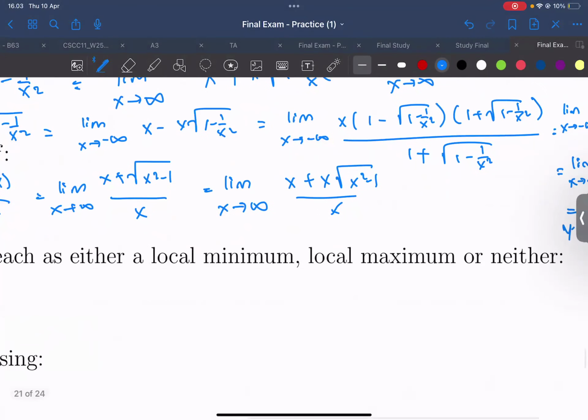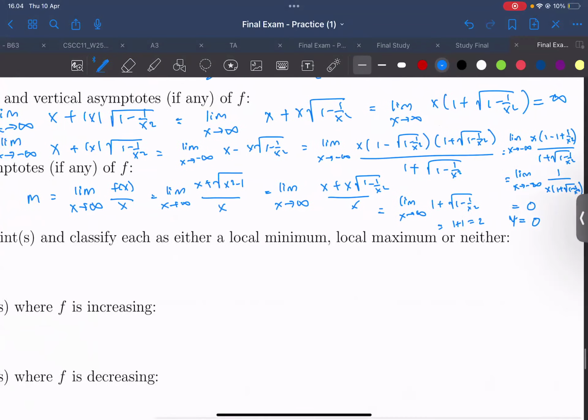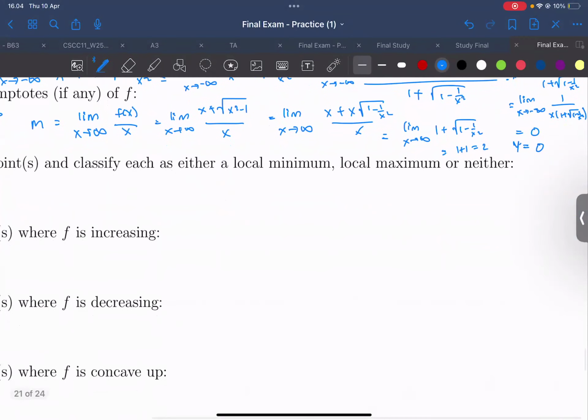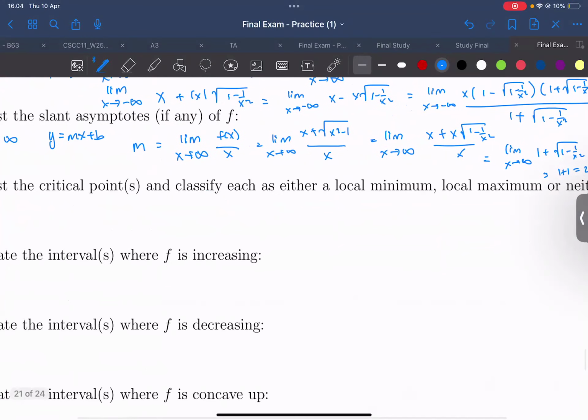And then we can factor this so the x can cancel, so we get the limit of x approaching infinity of 1 plus the square root of 1 minus 1 over x squared. And if you plug in infinity to this, we get 1 plus 1, which equals 2. So that means the m value is 2. Our gradient of y equals mx plus b is 2.